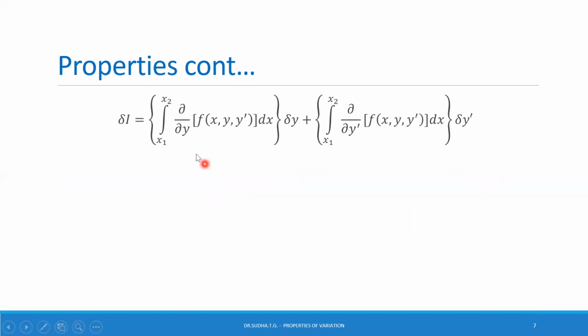So the first expression, that is dou I by dou y. So here this is I, we are going to differentiate that with respect to y using Leibniz rule of differentiation under the integral sign.